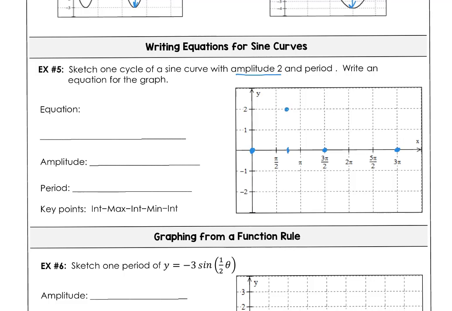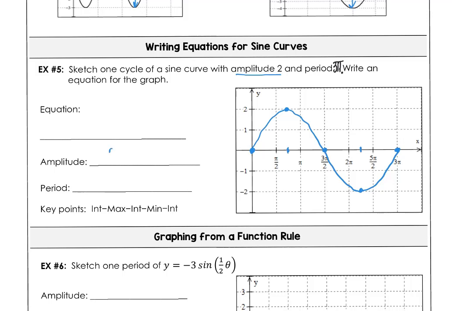And then in the second half between 1.5 pi and 3 pi, right in here, we have a minimum point. So we got an intercept, maximum, intercept, minimum, and an intercept. I'm going to come up here and put in 3 pi, which was missed in typing.